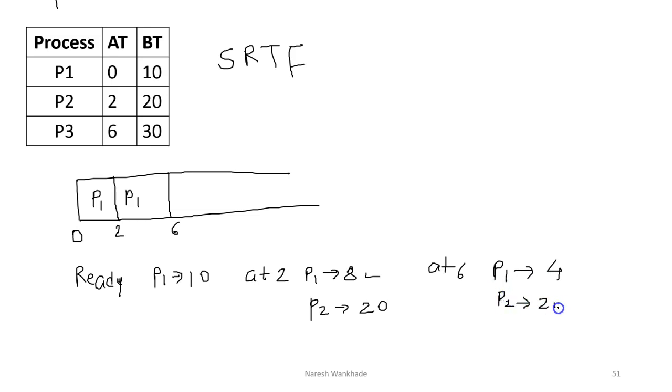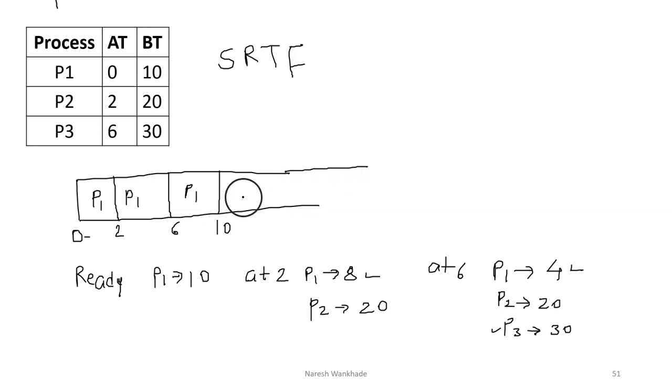P2 requires 20 and P3 requires 30, which is another new process. So here, because of the shortest remaining time first scheduling algorithm, P1 will continue to execute. So P1 will have the CPU till its completion, that is 4 more units, which means the total time is 10.